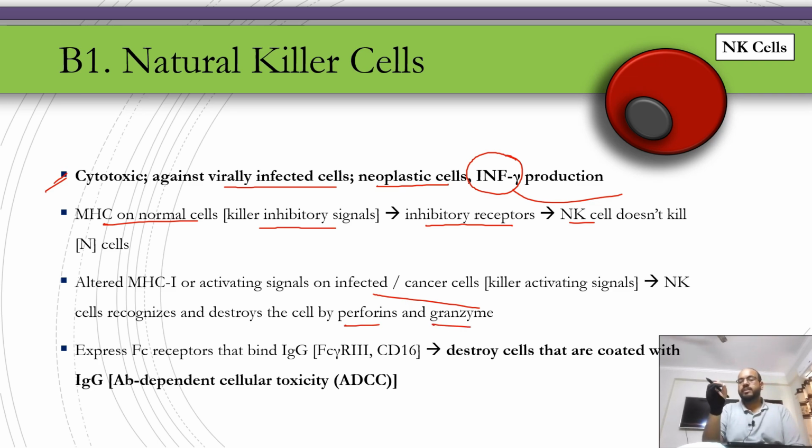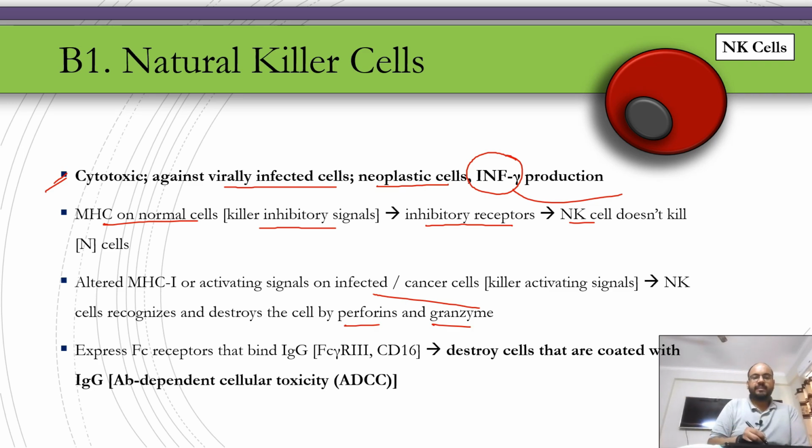Perforins will form holes inside the body cell, and granzyme is an enzyme which goes inside those holes and destroys the cell. So NK cells are like your security guard. It is going to look at your ID card. If the ID card looks normal, perfect, nothing is going to happen. If the ID card doesn't look normal, it will destroy you. Clear?